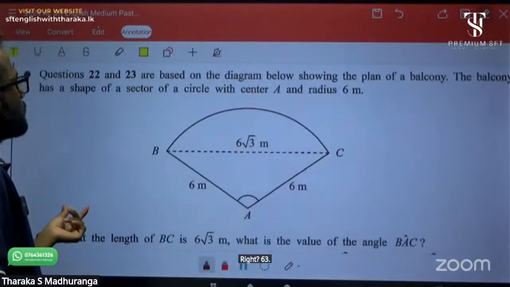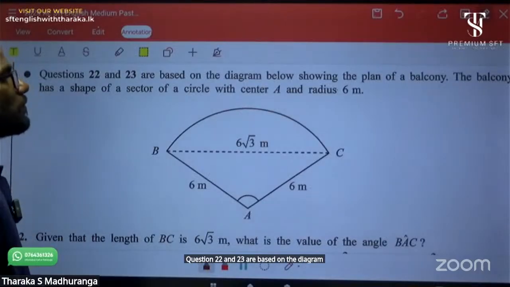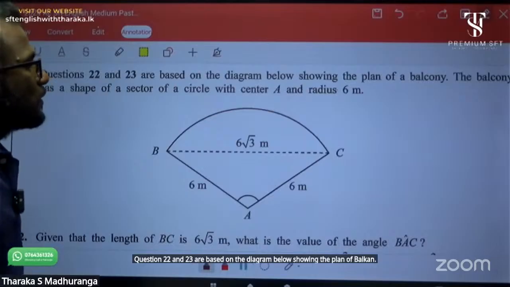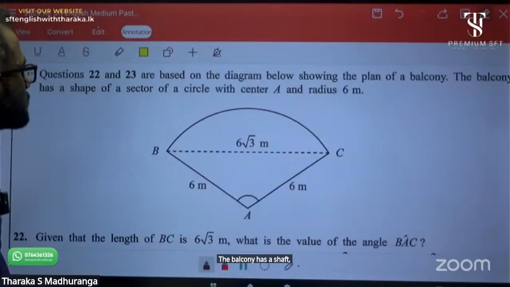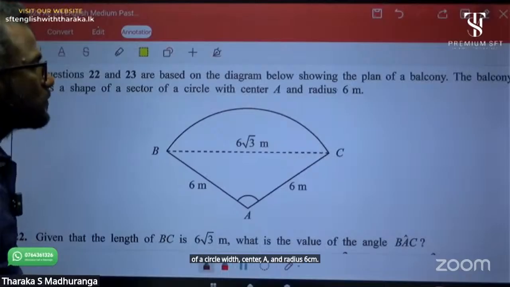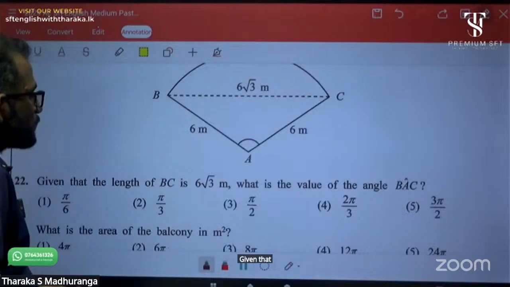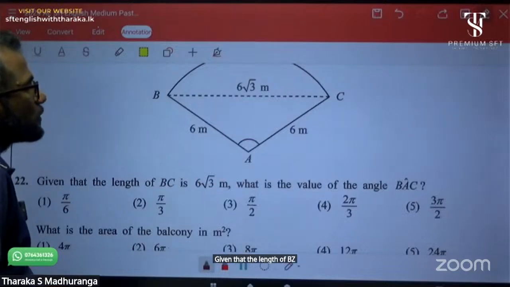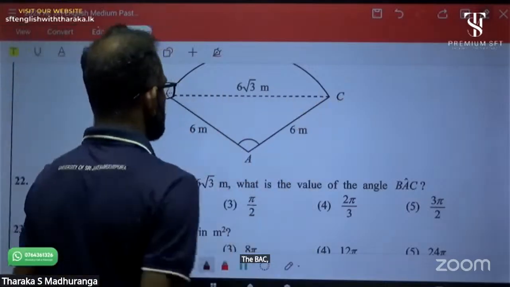Question 22 and 23 are based on the diagram below showing the plan of a balcony. The balcony has a shape of a sector of a circle with center A and radius 6 meter. Given that the length of BC is 6 root 3 meter, this dash line is 6 root 3 meter.